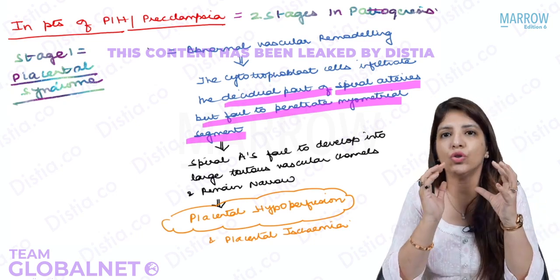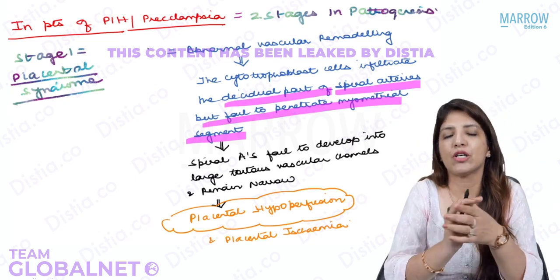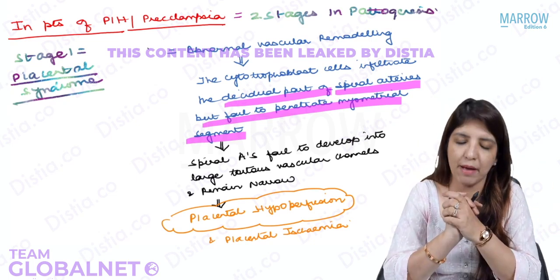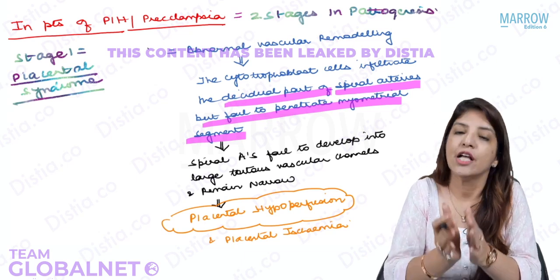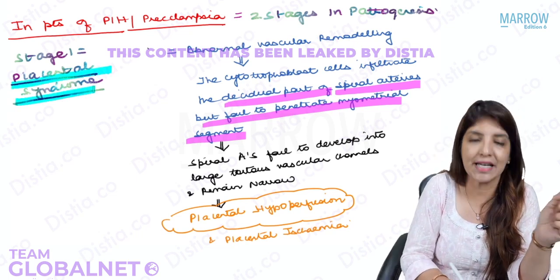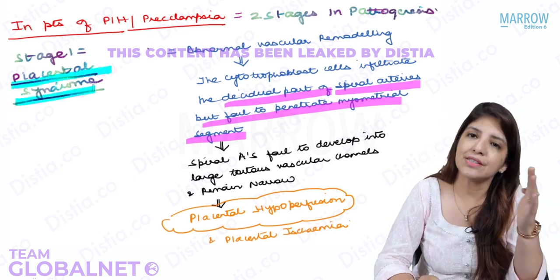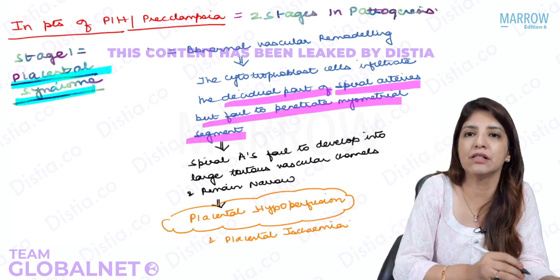Williams says that whatever is happening in patients of PIH or preeclampsia can be divided into 2 stages. The first stage is called the placental syndrome, and the second stage is called the maternal syndrome.